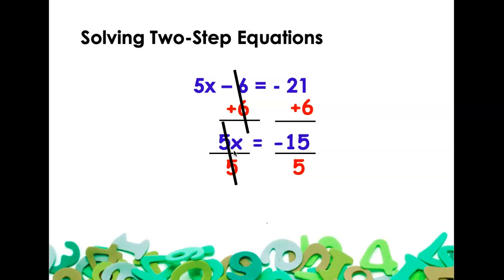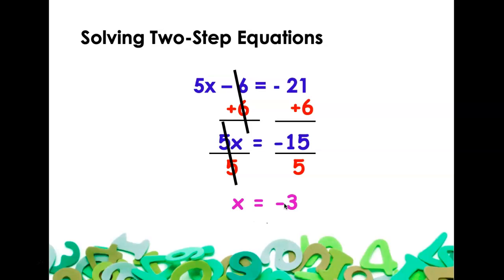That would mean 1x, but you do not have to write the 1. And negative 15 divided by 5 is negative 3. So your answer is negative 3. You can repeat and watch this again if you got confused. Make sure that you understand what's happening.